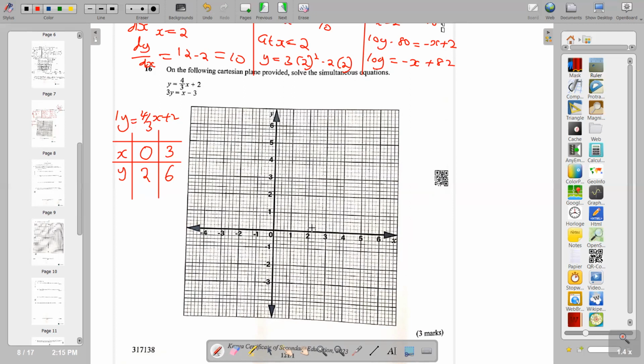So that now you're able to plot it. So here you're going to plot the points 0, 2 and 3, 2. So you come here, you plot it, 0, 2, it is there, and 3, 6 is there. Now you draw a straight line passing through the points. You're going to take your ruler.